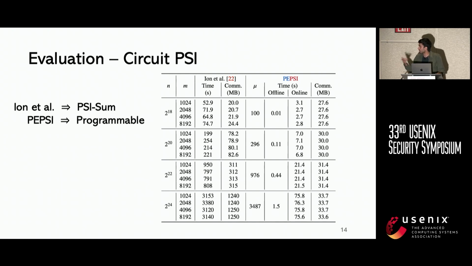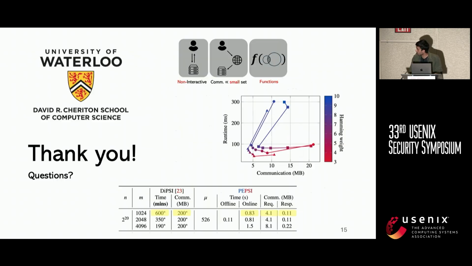The first difference between that work and our work is that ours can do this specific function, but you can also implement homomorphically any other functions that you would want. That's one advantage. But in terms of runtime and communication, you can see that we still get better runtime and better communication, despite the fact that we have a more generalizable protocol. And this is due to the fact that, at least for communication specifically, they are sending something proportional to the larger set over the network. So they are not very good in this unbalanced setting where one of the sets is much smaller.